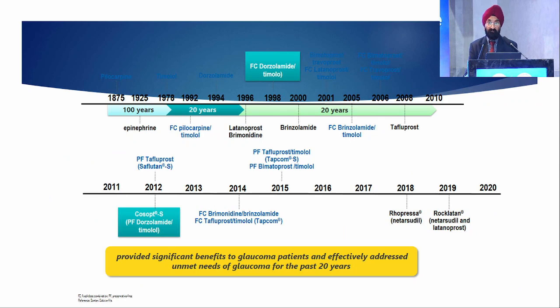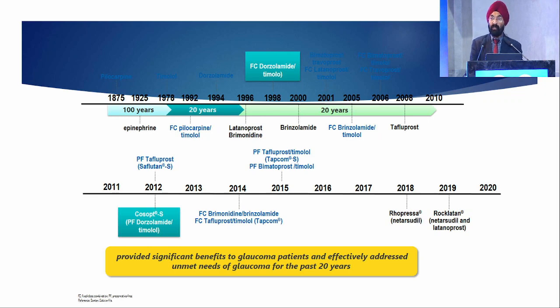The first drug which came into vogue for glaucoma management was in 1875, pilocarpine. Almost 100 years later, we had beta blockers like timolol. Then in the late 90s, we had prostaglandin analogs and alpha agonists. Then combination drugs started appearing, like the combination of prostaglandin with timolol, then the combination of alpha agonist with timolol in 2005.